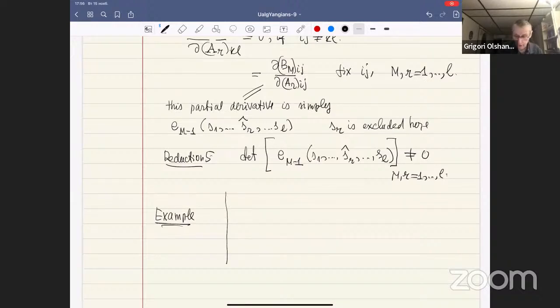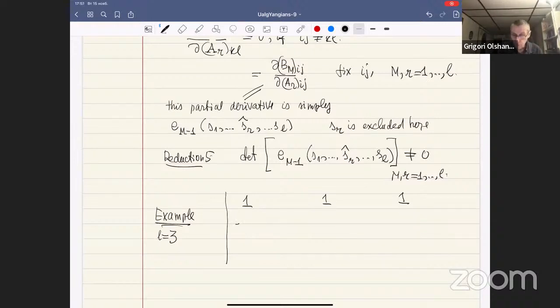We in this case assume that L is equal to 3. Then what do we have? M is equal to 1, then M minus 1 is 0, and we have ones, because the index 0 elementary symmetric polynomial is the scalar 1.